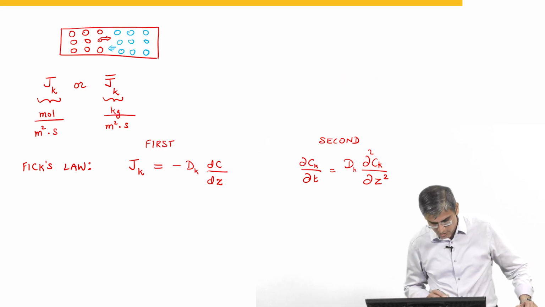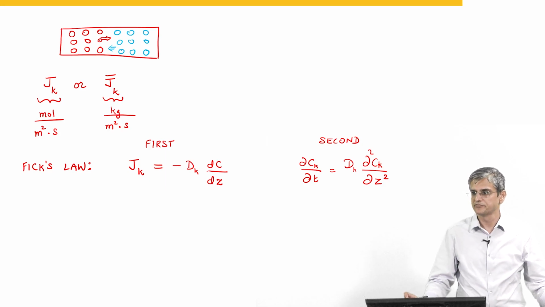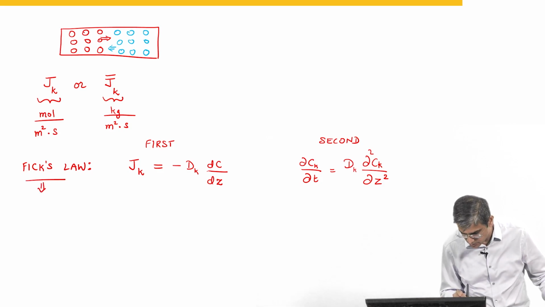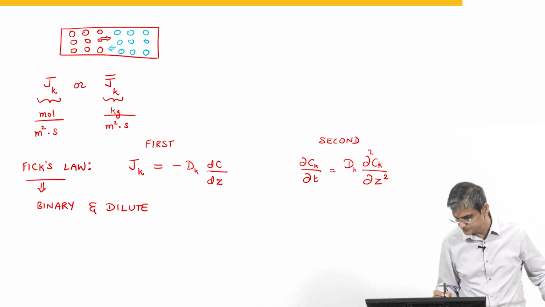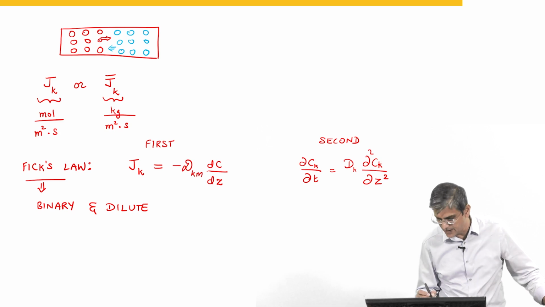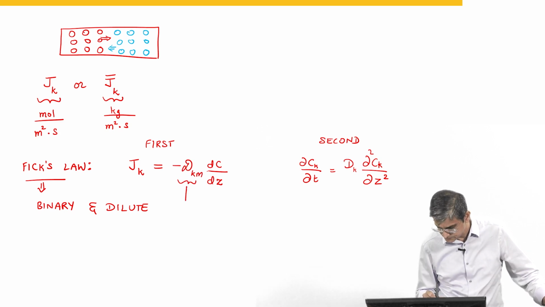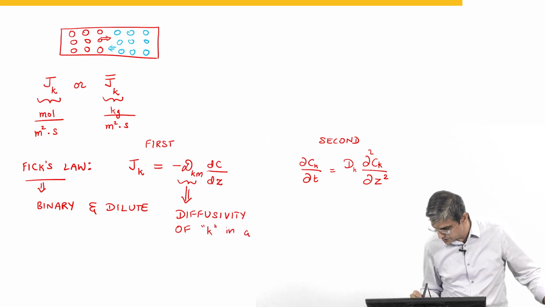Okay. Fick's first law was derived in case of binary systems. Fick's law is applicable for binary and for dilute systems. Okay. And I am going to replace this by dKm, where dKm is diffusivity of species K in a mixture.